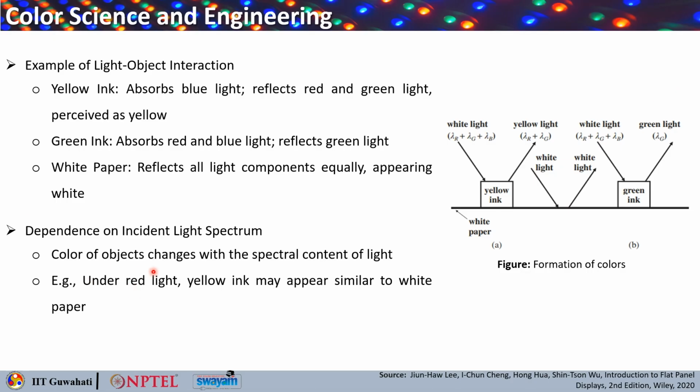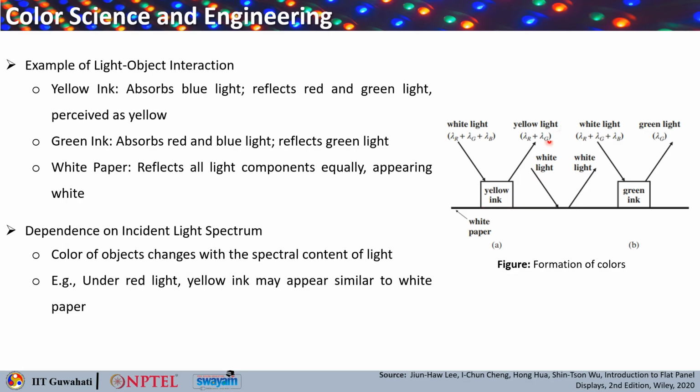So, you can understand the color of the object basically changes with the spectral content of the light. How? Now, imagine that instead of white light, you are sending red light to this yellow ink. What will happen? So, red light falling on this particular yellow ink, the yellow is not going to absorb red light.